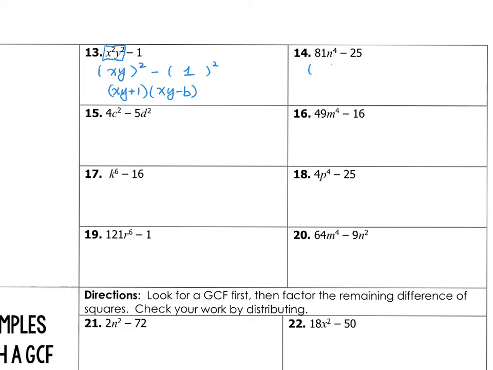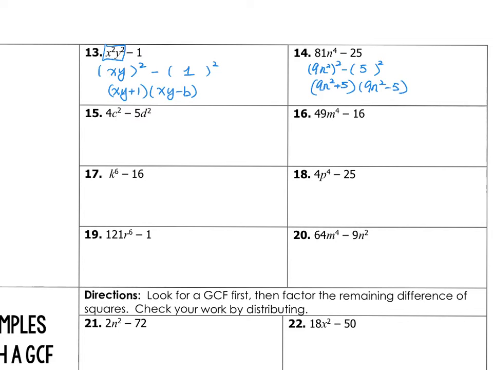Same thing here. How can I rewrite this into a square? And then the second one is obviously 5 squared. 81, if I square root it, is 9. N raised to the 4th, 4 divided by 2 gives me 2, right? So I should have n squared plus 5 times n squared minus 5.